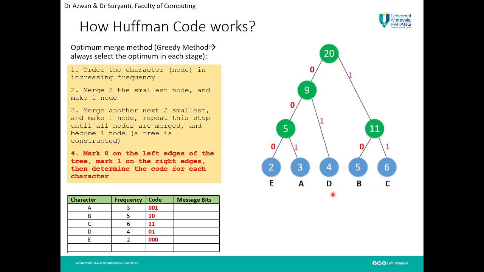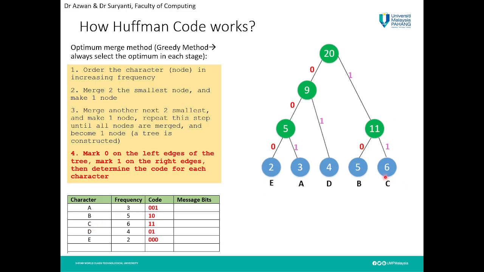So what we need to do is determine the code for each character based on this tree. A is here: 0, 0, 1. B is here: 1, 0.